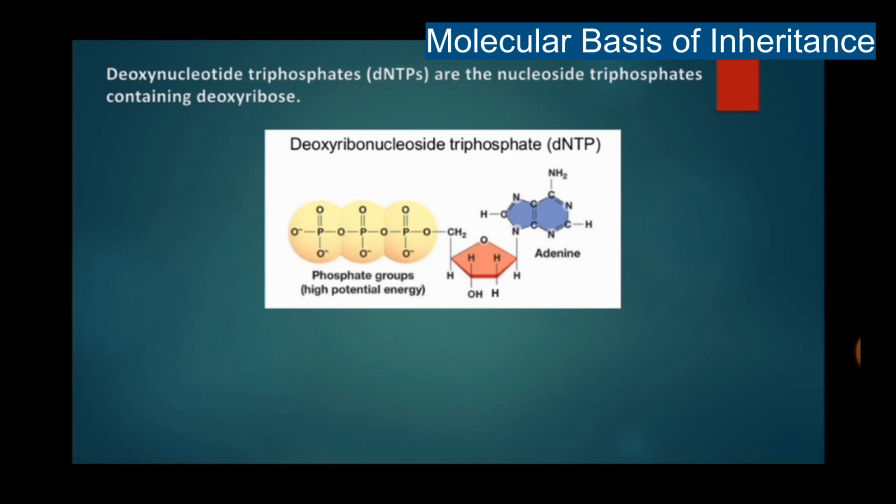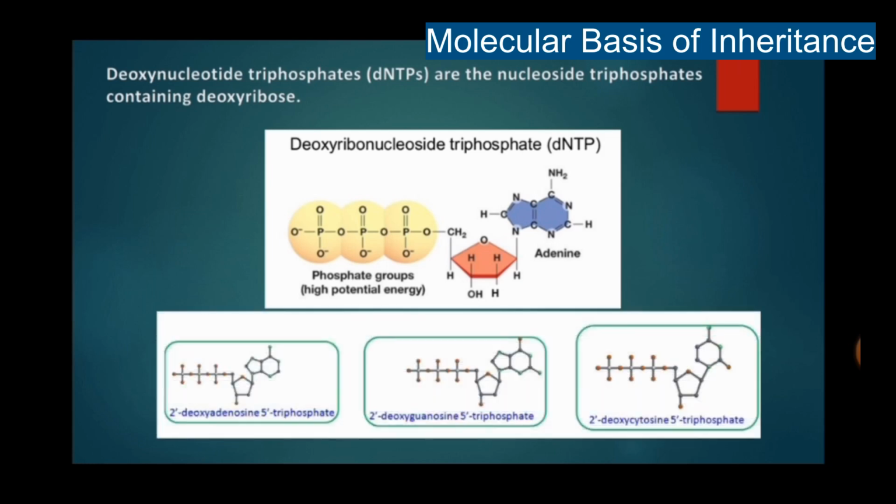So there are different deoxyribonucleoside triphosphates depending upon the nitrogen base which gets attached to it. It is not necessary that it has to be adenine. It can be guanine as well, in which case it becomes deoxyguanosine triphosphate.